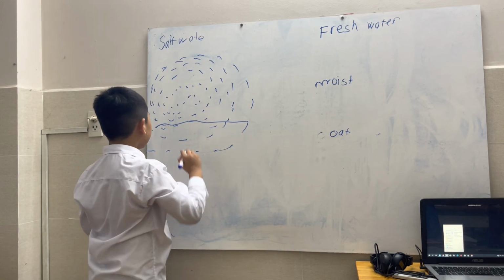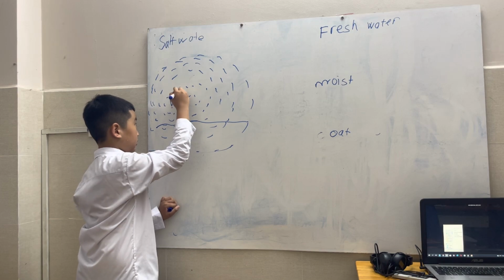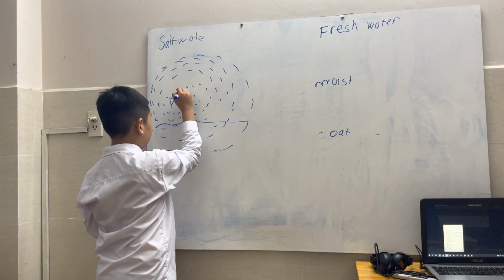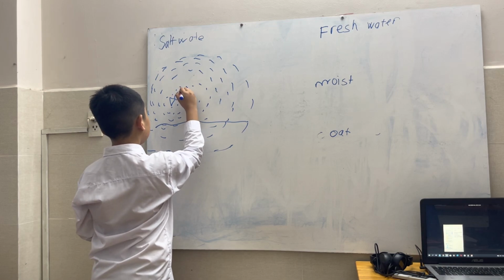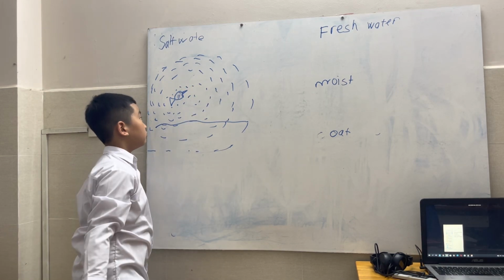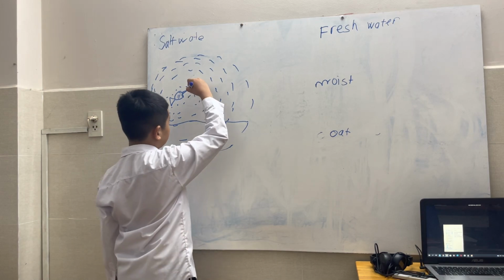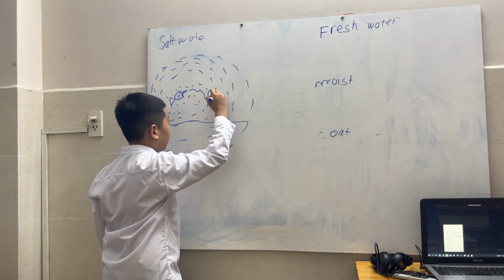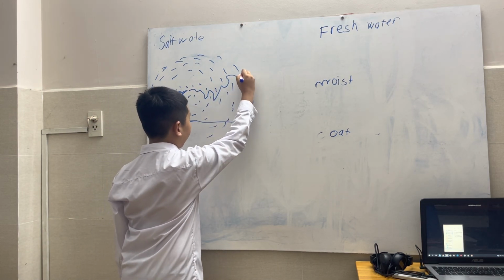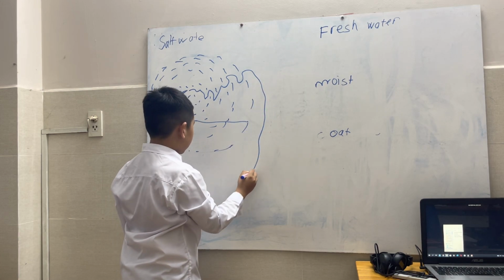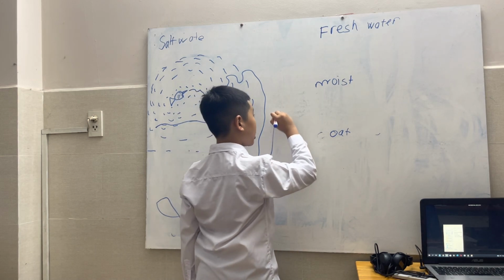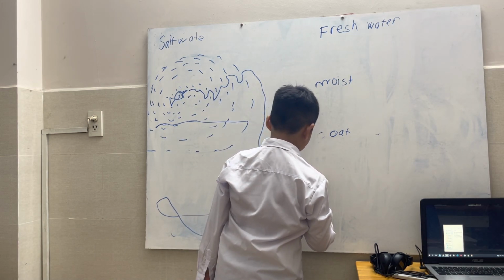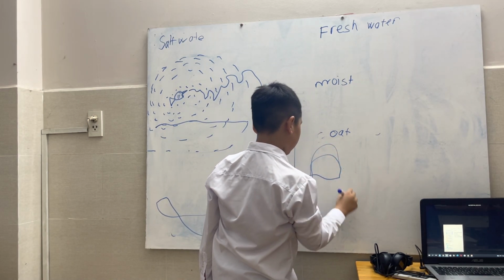Okay, this is the fish. And it needs to go through a path that avoids the salt and get out, avoid the rocks, jump up from the water, and back down here.